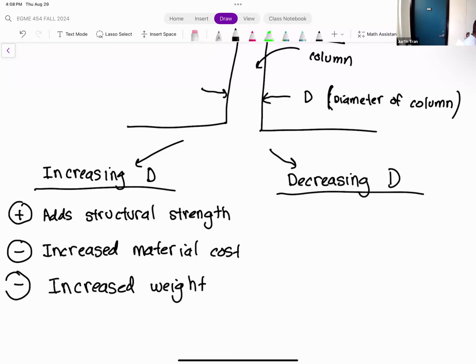We can just go point by point here. So, of course, in a simple system like this, going the opposite direction, we expect the opposite to happen from what's on the other side, right? So if we decrease the value of D, generally we expect to have less strength. But if we decrease the diameter, we also decrease the amount of material that's required, so that means less cost, and also less weight.